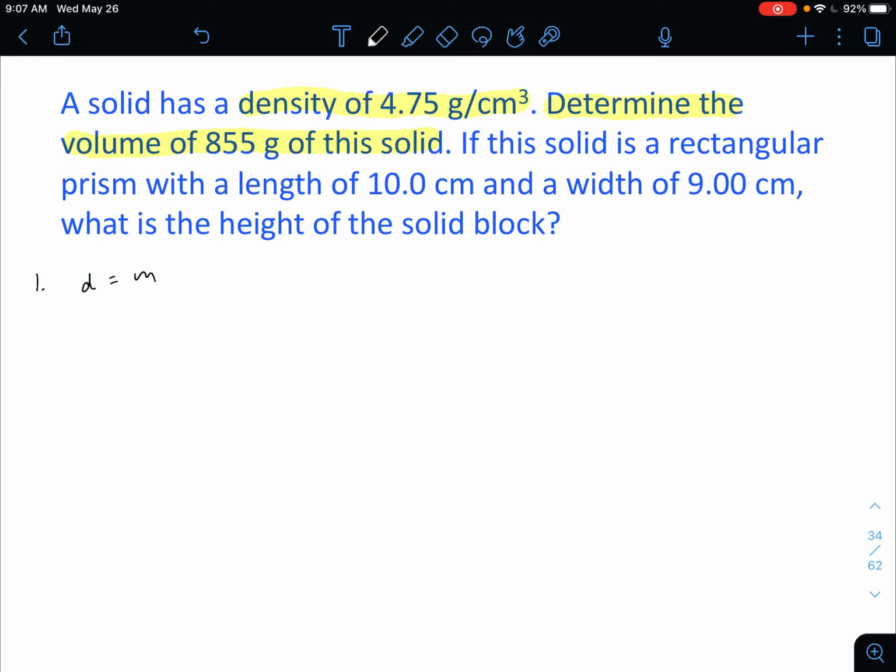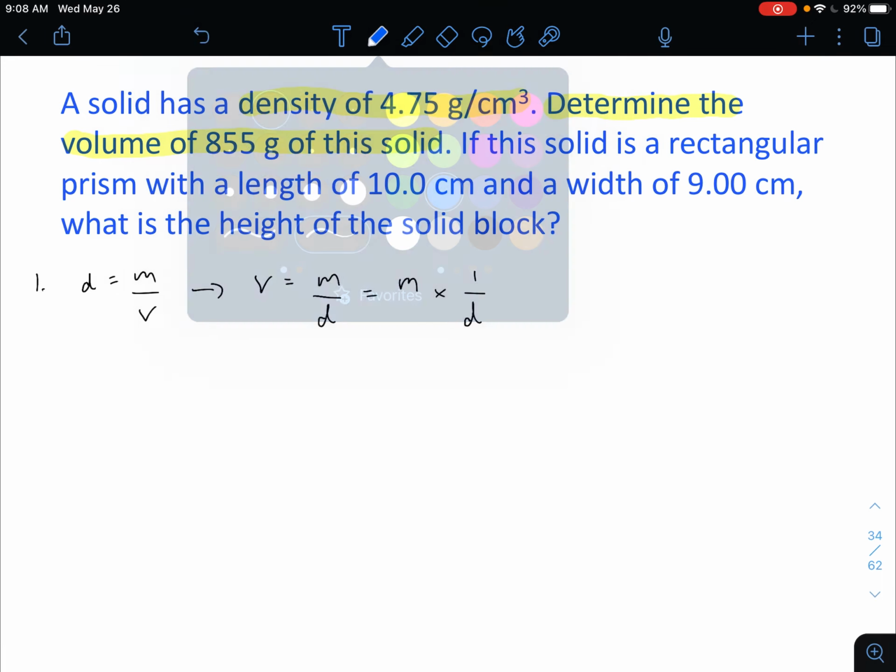So density equals mass over volume, and then we saw we can rearrange that to make it into volume equals mass over density, which I wrote as mass times 1 over density. So same thing we did on the last one. So we can start with that.